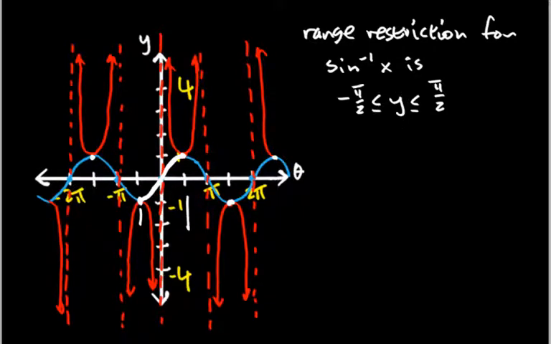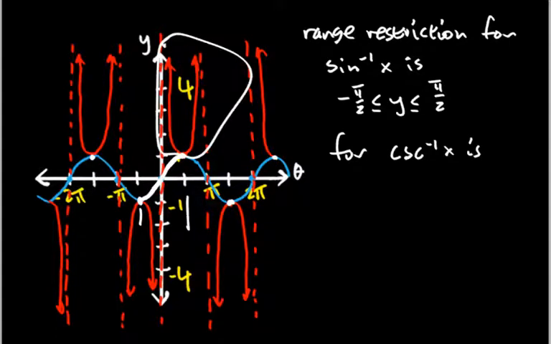Okay, so then what about cosecant inverse? Well, let's see. We need basically from 1 and on and from negative 1 and on. So we have this area and this area. Essentially what we could do is just take this part and choose those.